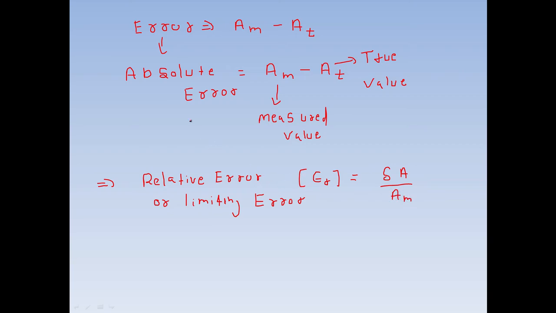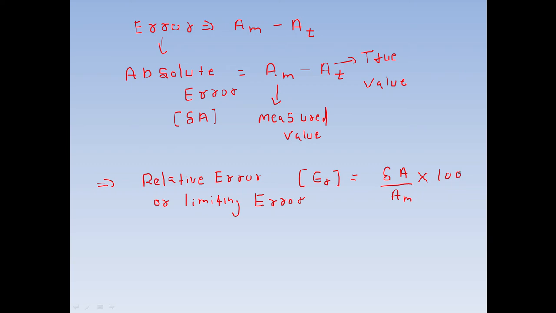Absolute error is defined by sigma A. So the relative error is the ratio between absolute error and measured value. To express it in percentage, we multiply this by 100. In this way you can easily find the relative error or limiting error.